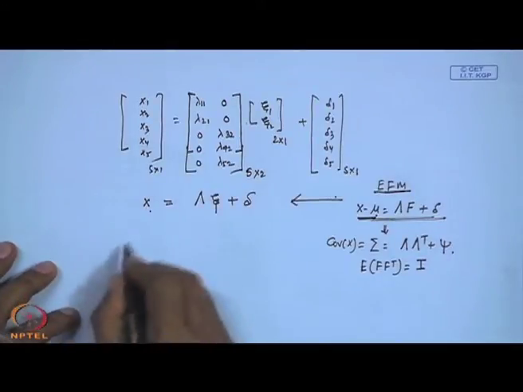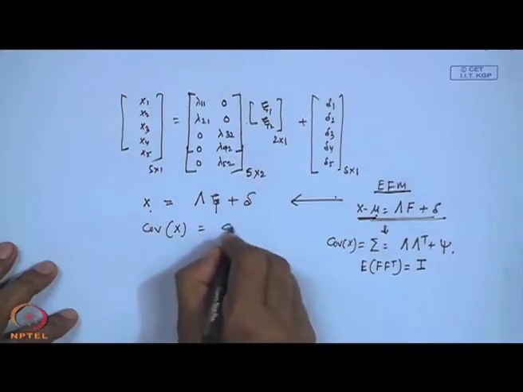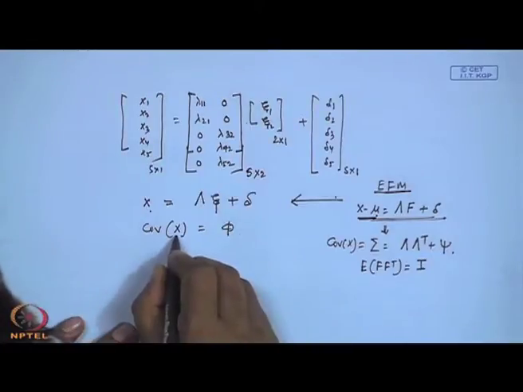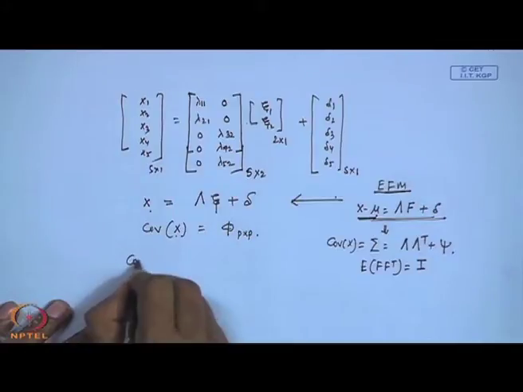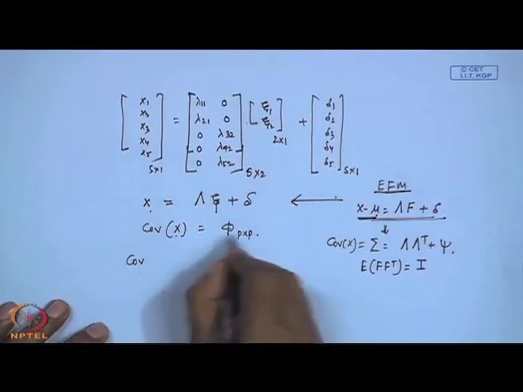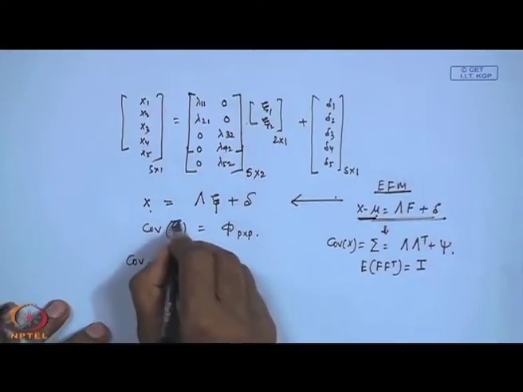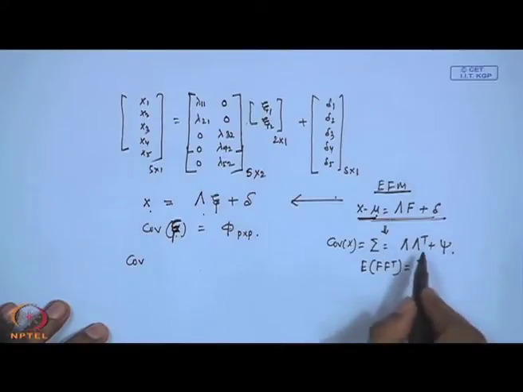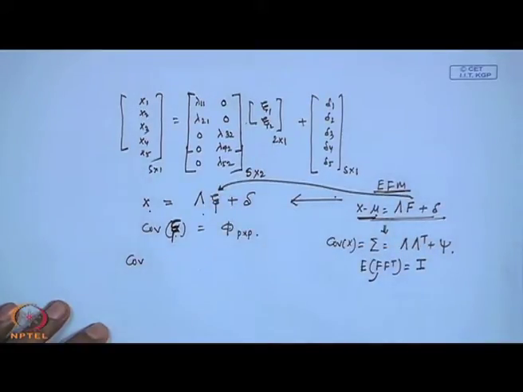In this case, we are assuming that covariance of xi is phi, so if there are p variables, it will be p cross p. So as a result, here we are assuming covariance of xi, I am extremely sorry, covariance of xi corresponds to this.